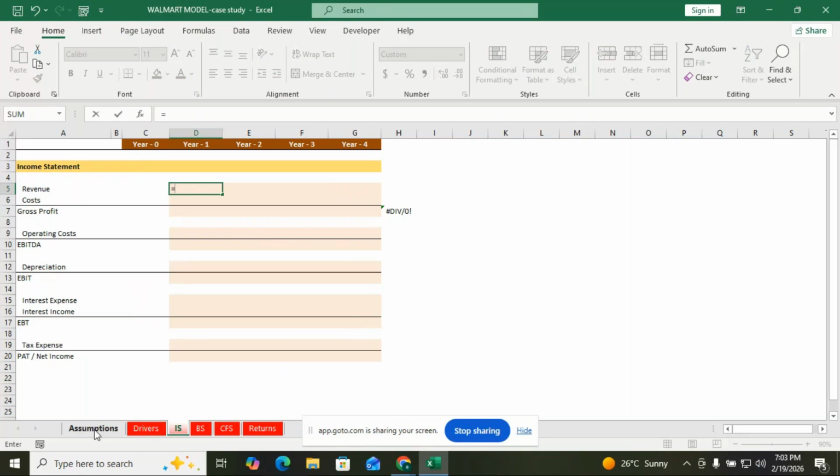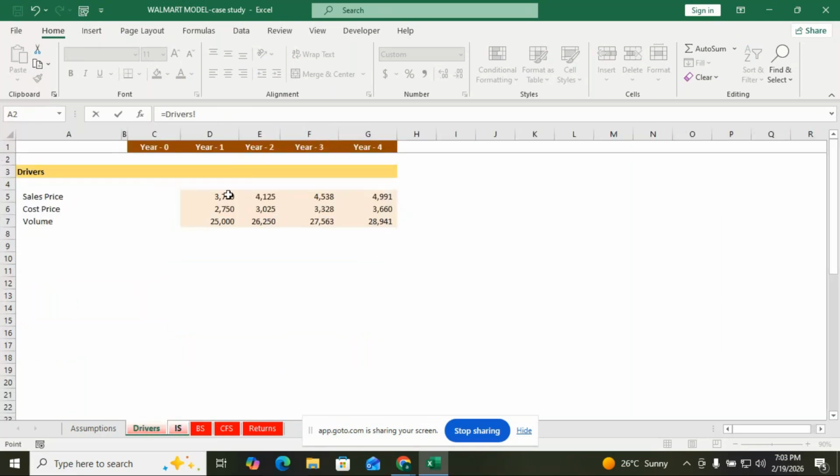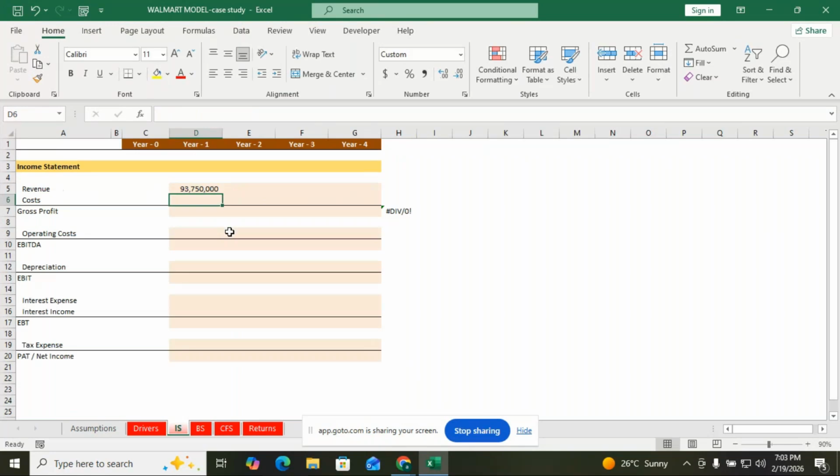I need not go to the assumptions. All the details are put up in the drivers. I'll take selling price per unit, and I don't shift back to the income statement sheet immediately. I'll stay in the driver sheet, into volume. And now when I press enter, I'll immediately go back to the income statement sheet.